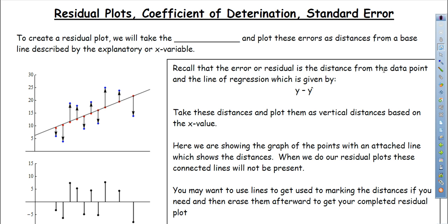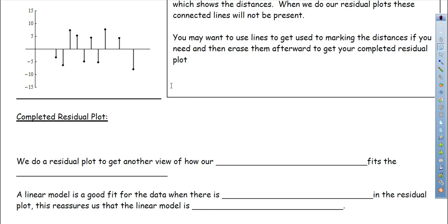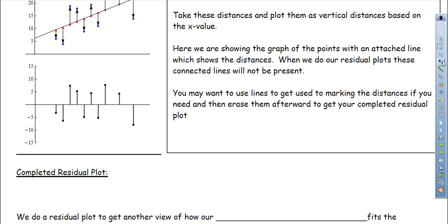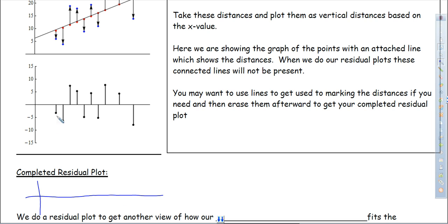So what will this look like without those lines? I'm just going to do a quick little sketch right below it. So this point here matches up on this x value, is a little bit below.